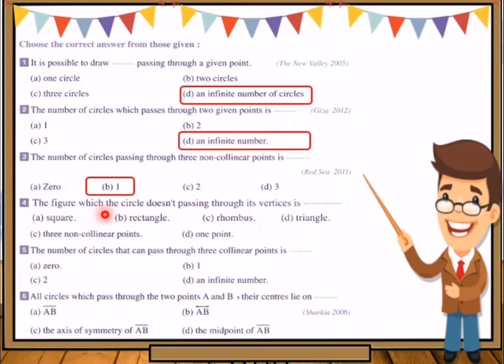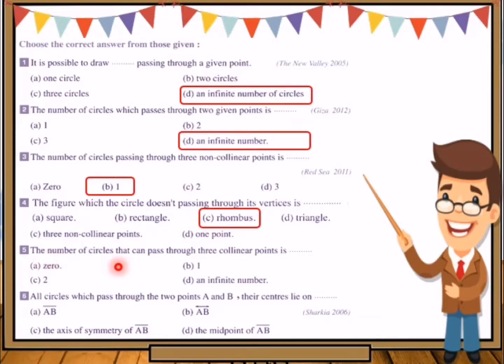Number 4, the figure which the circle doesn't pass through: we can draw a circle passing through the vertices of a square, rectangle and triangle, but we can't draw a circle passing through the vertices of a rhombus. Number 5.